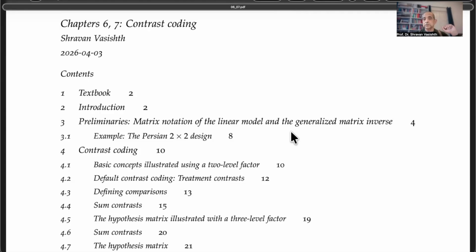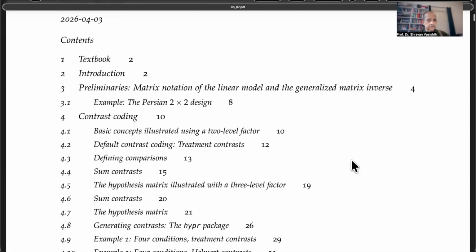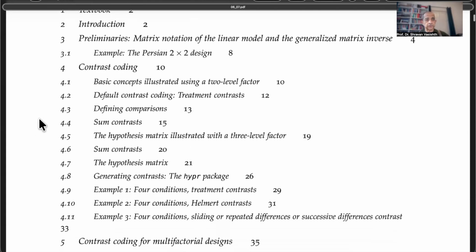mathematical object because that is the foundation for creating contrast coding, for doing hypothesis testing, or for estimating parameters that are theoretically interesting. So then I'll give you an example of a 2 by 2 factorial design where you can do this kind of contrast coding. Then we're going to talk about different kinds of contrast coding, starting with the simple 2-level factor, which you've already seen, right?